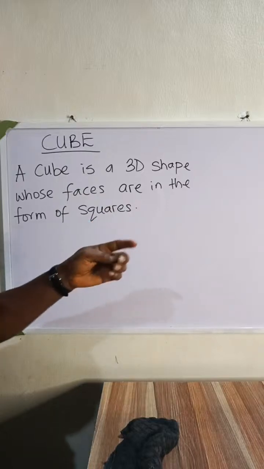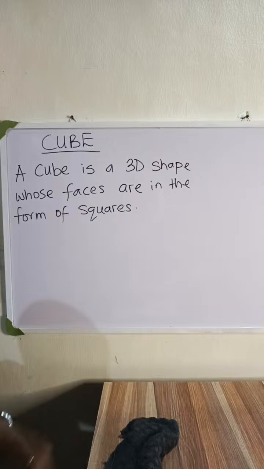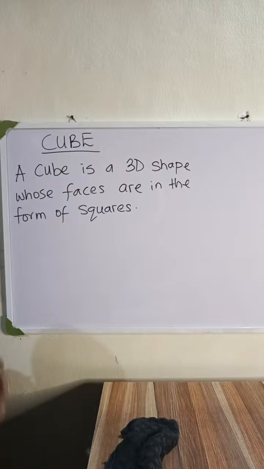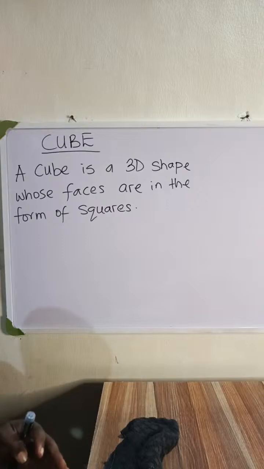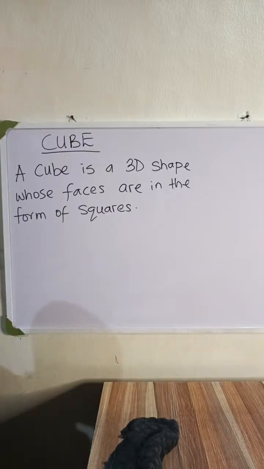When you look at the face of a cuboid, each of them looks like a rectangle. I brought this to help us identify the shape for those who cannot differentiate between a cube and a cuboid. In our previous class, I brought an object to show you how a cuboid looks.